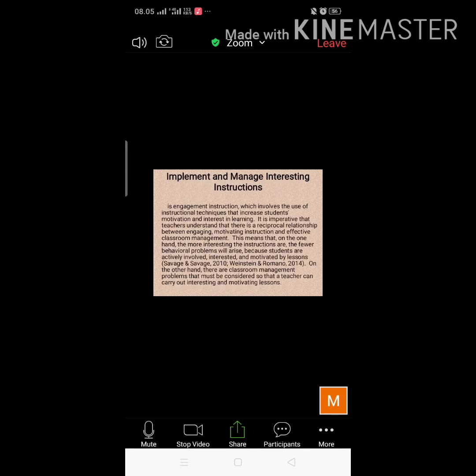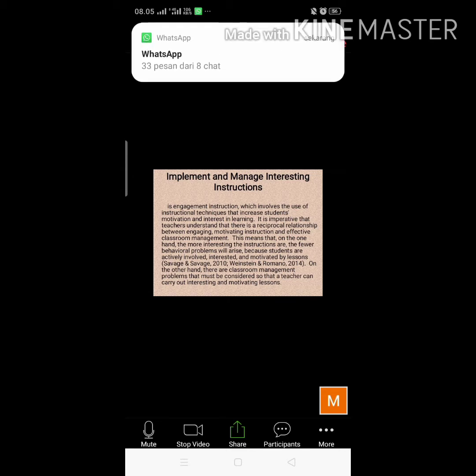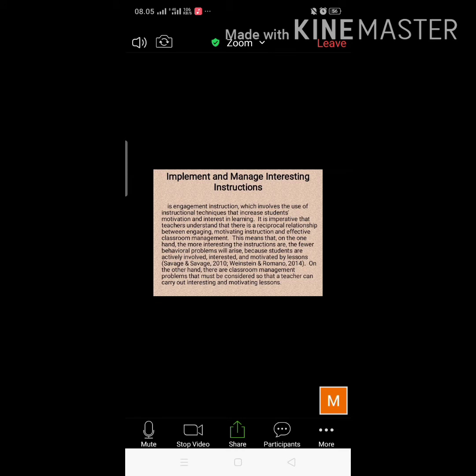The first way to implement and manage interesting instruction is engagement instruction, which involves the use of instructional techniques that encourage students' motivation and interest in learning. It is imperative that teachers understand that there is a reciprocal relationship between engaging, motivating instruction and effective classroom management.